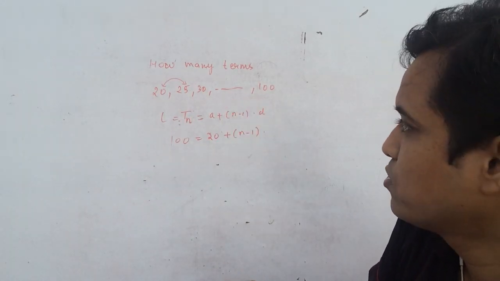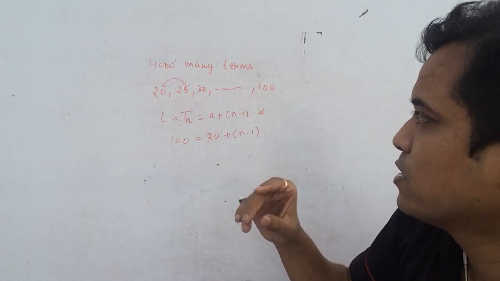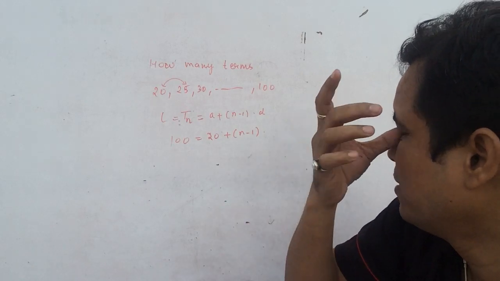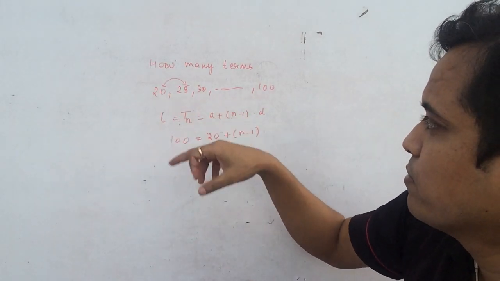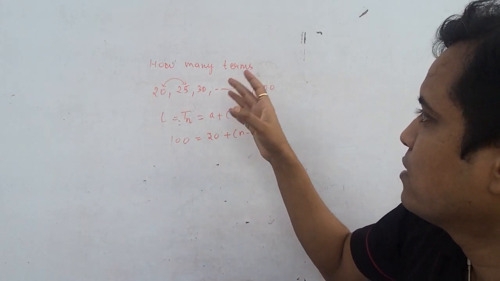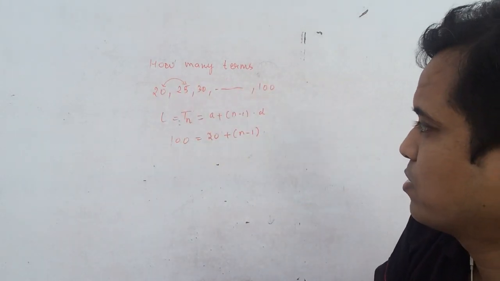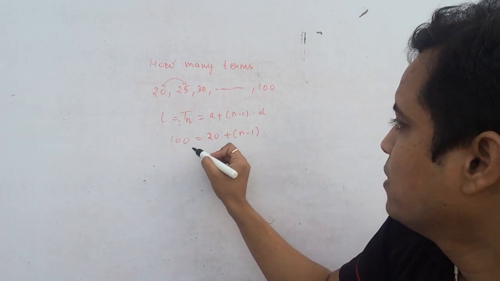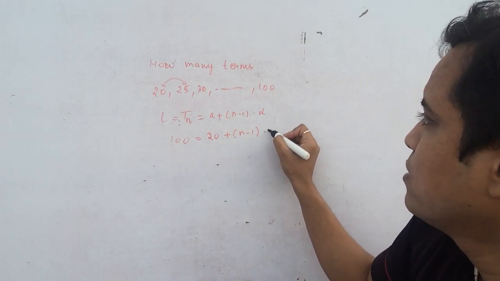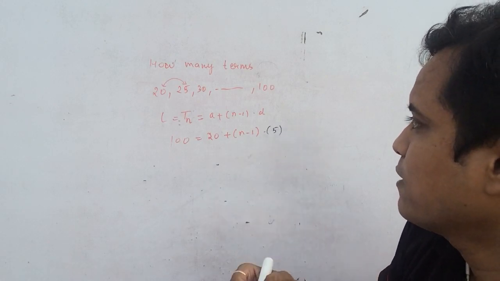So you have to make sure that your sequence is in arithmetic progression. Here we have the same common difference all the time. That's why you can say this sequence is in arithmetic progression, and here you can apply the formula. What is D here? You got it, 5.